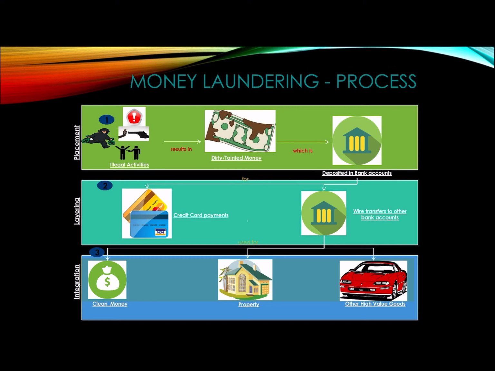Now he would move on to the next stage, which is layering, where he would make multiple transactions, or he would create a whole web of transactions just to confuse the whole audit trail. So what he does is he makes a credit card payment, or he would overpay his credit card payment and ask for a refund from the credit card company, and he'll also wire transfer to another bank account.